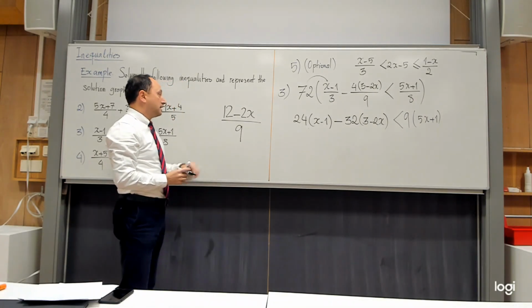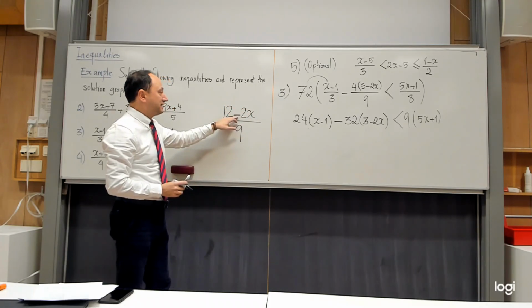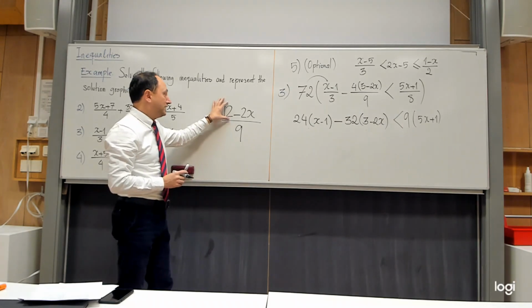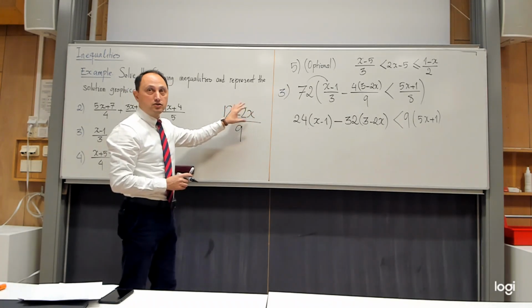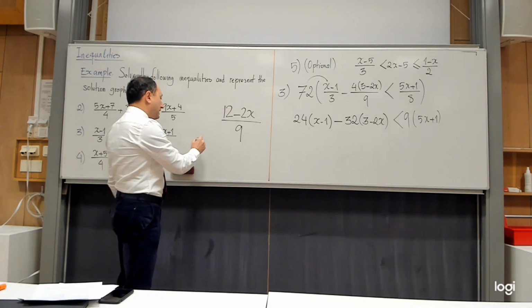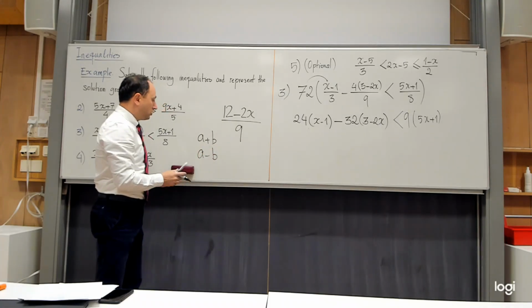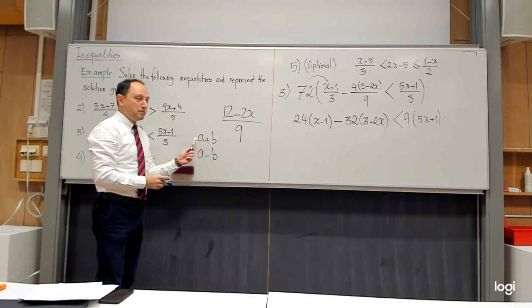Why is that? Because if I ask you what this expression is, it is not read in a product form. You say this is the difference between 12 and 2x. So 12 is not a factor. If I have a plus b or a minus b, they are not called factors, they are called summands.